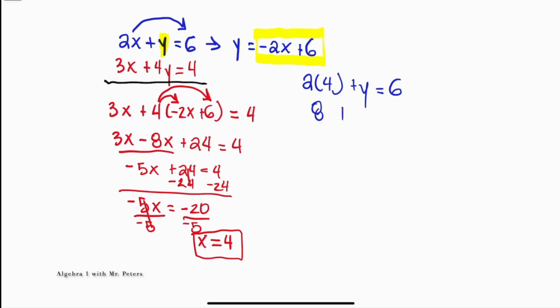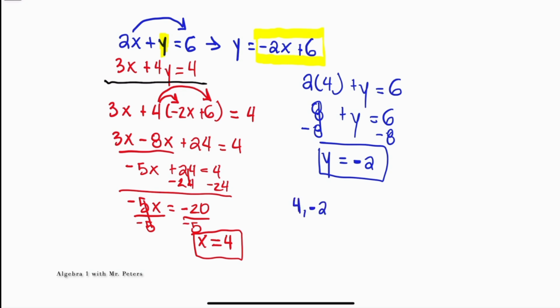We simplify this to get 8 plus y is equal to 6. After we subtract 8, we know y is equal to negative 2. So the solution to the systems of equations, remember, is an ordered pair 4, negative 2. So this is the point where these two lines are going to intersect and be equal to each other.